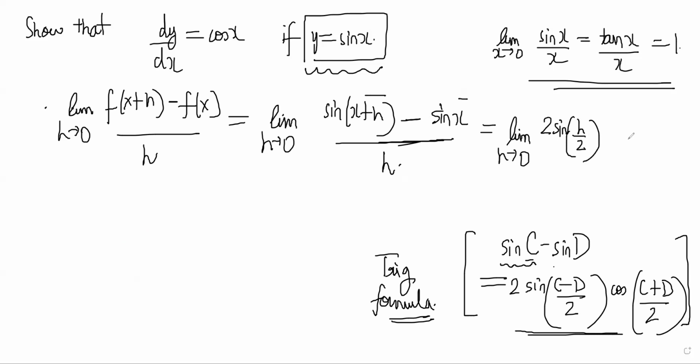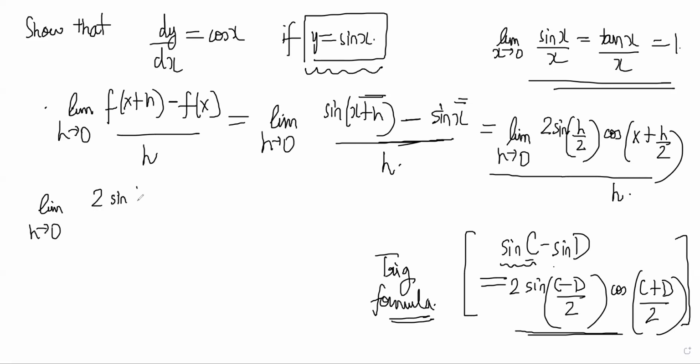And cos of this plus this, that becomes (2x plus h) by 2, which is cos of x plus h by 2. The whole thing is divided by h. You basically have an expression like this: limit of h tends to 0, 2 sine h by 2 cos of x plus h by 2, whole divided by h, right?